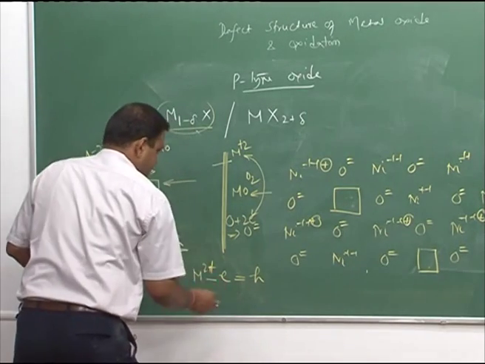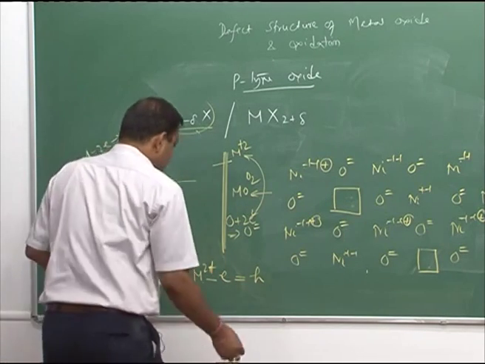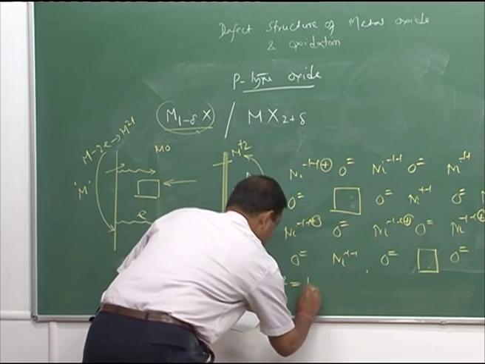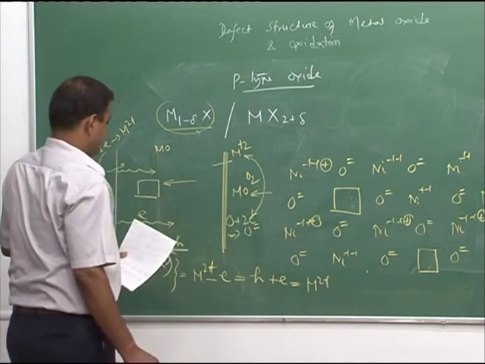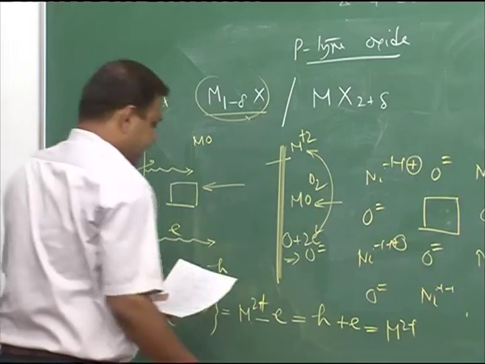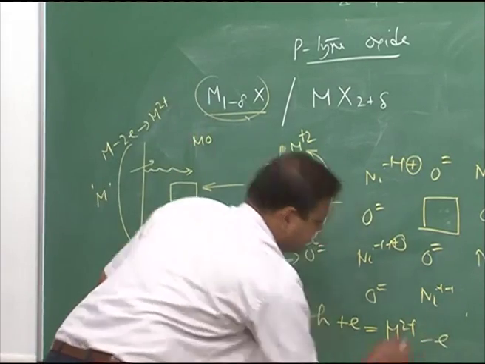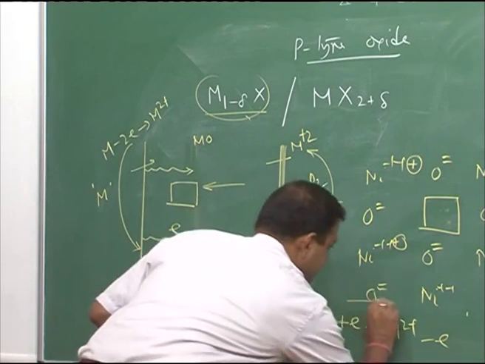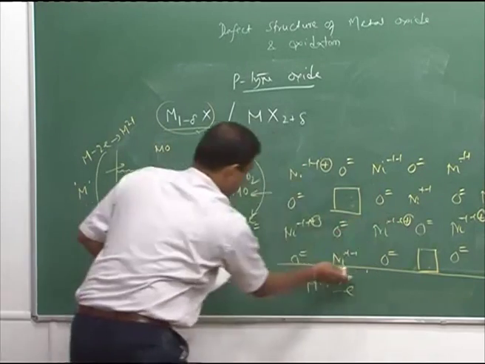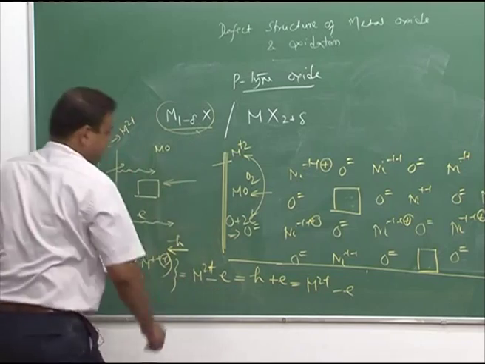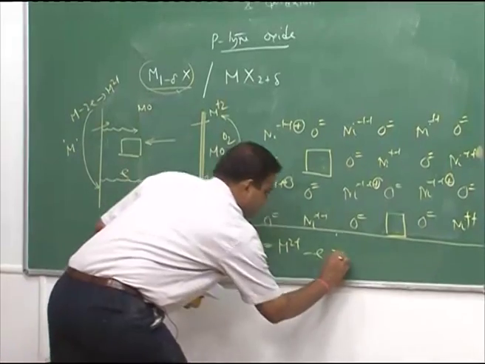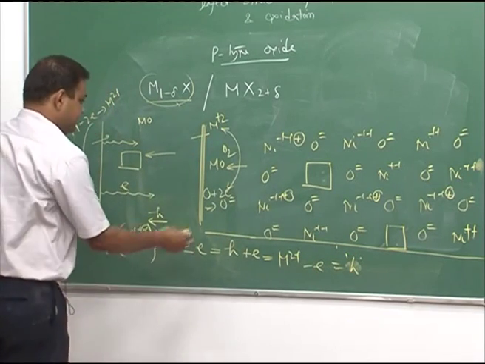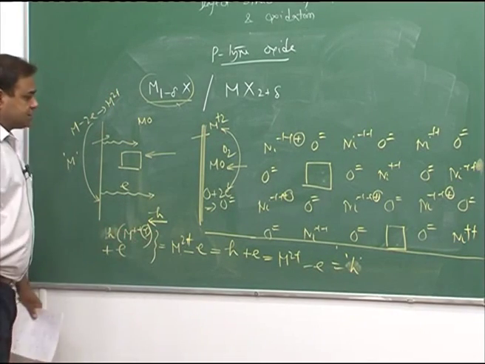And this hole will again react with an electron and form M2+ again, and then again one electron will be taken out. So, if we consider only this part, it will again form a hole, and we have seen the hole is nothing but a metal cation.